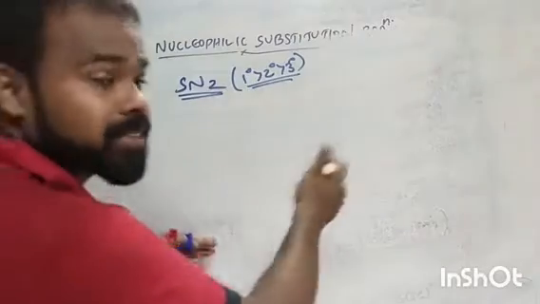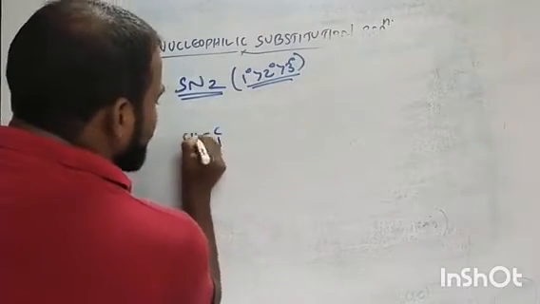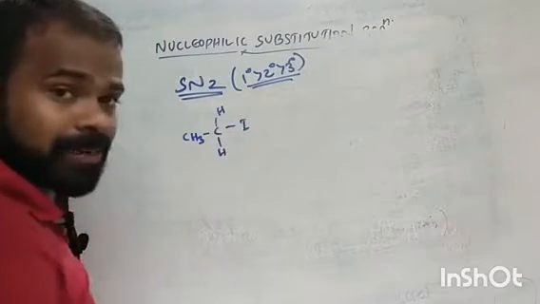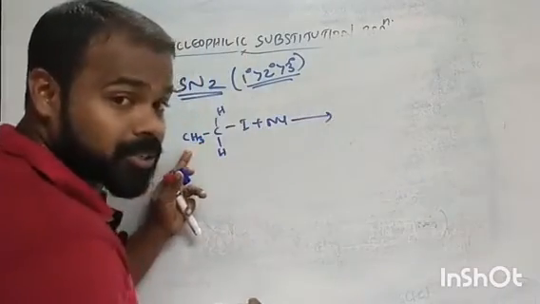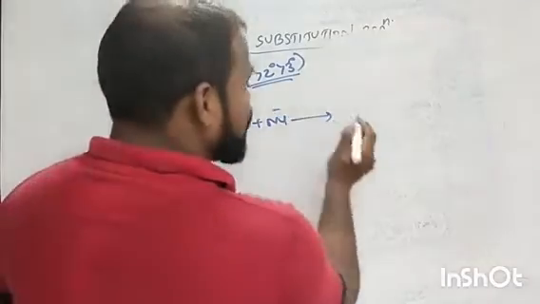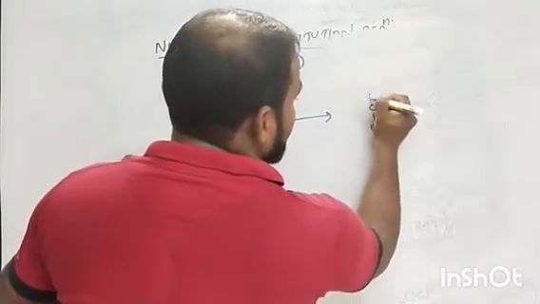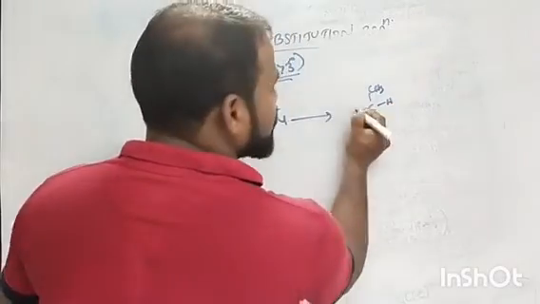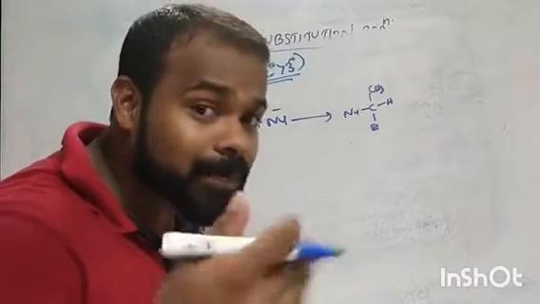What is the meaning of transition state? When I take a compound like this, here may be CH3, hydrogen, hydrogen, and here iodine. Now I add one nucleophile here. It is a primary structure. The nucleophile attaches from the opposite side. Here there is no possibility to make a racemic mixture.